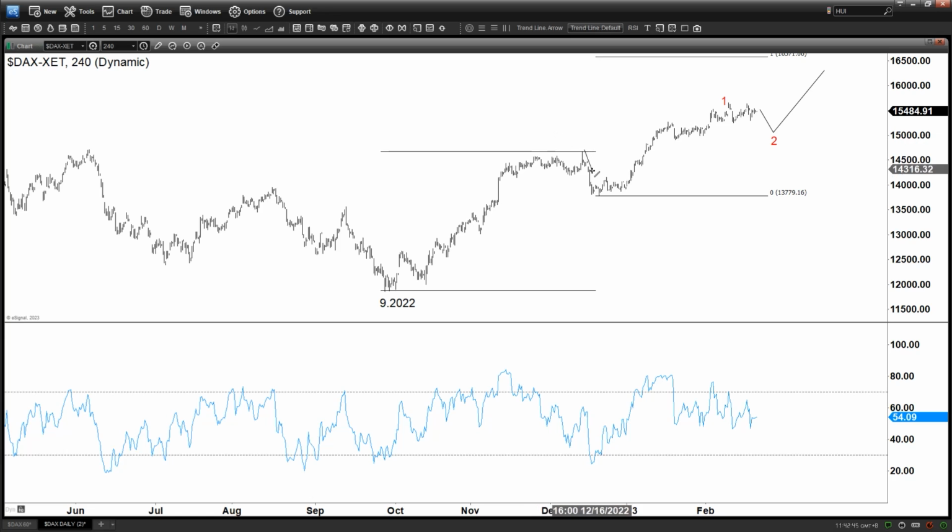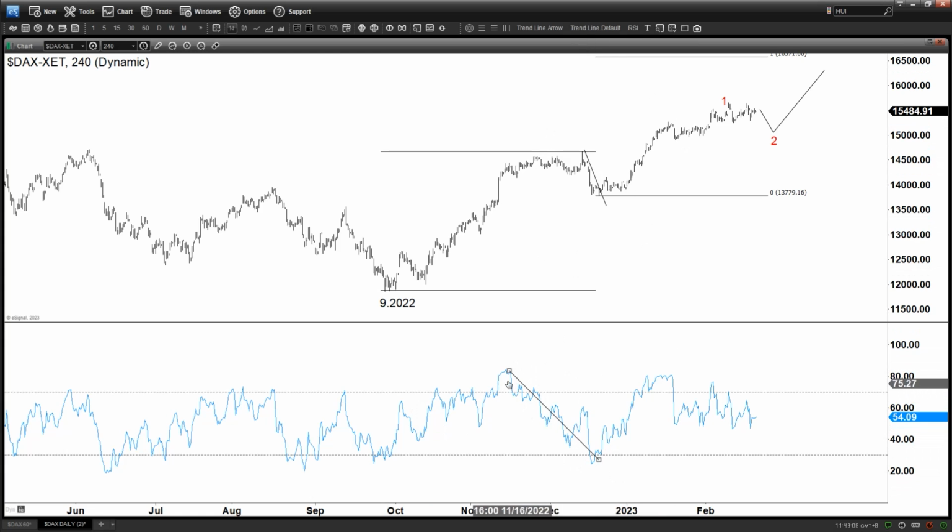Now you can see this move down, if you try to find this move down in the RSI, that will be the equivalent move down here, right? Now it's not perfect from the exact peak, but I'm looking at more or less around the same area, from the high to the lows. Now you can see this extent of this pullback here.